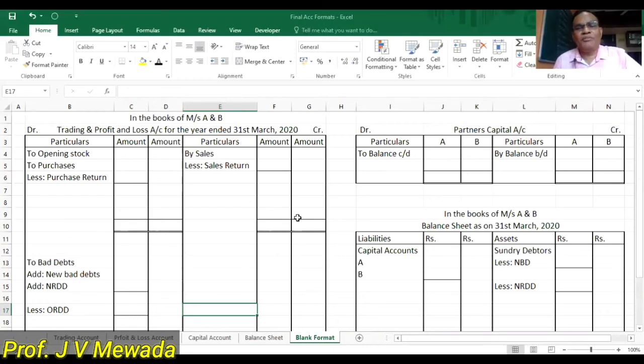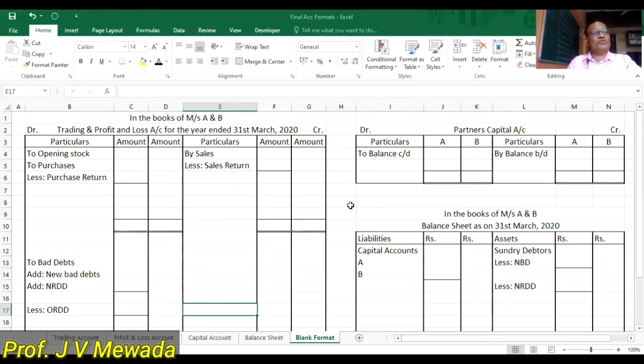So whenever a problem is given to you and you are willing to solve the problem, you have to draw a blank format in the books of account. For example, you take two pages, the left hand side page and the right hand side page. On the left hand side page, you open the trading account and profit and loss account. And on the right hand side, you open partners' capital account and the balance sheet.